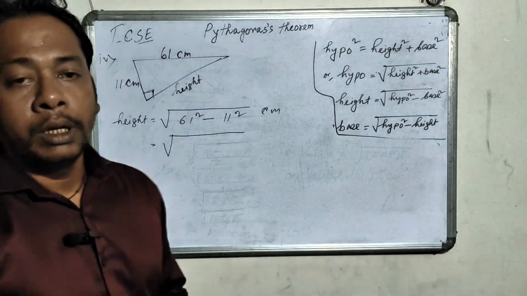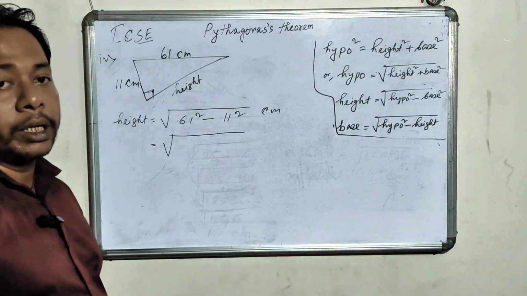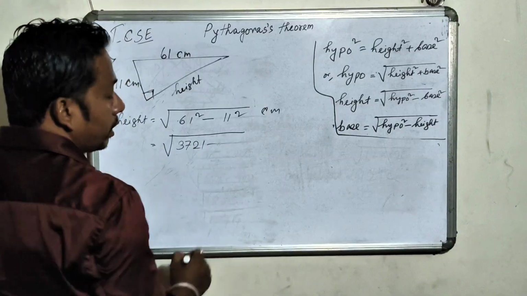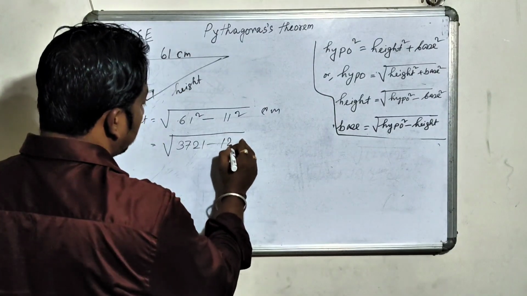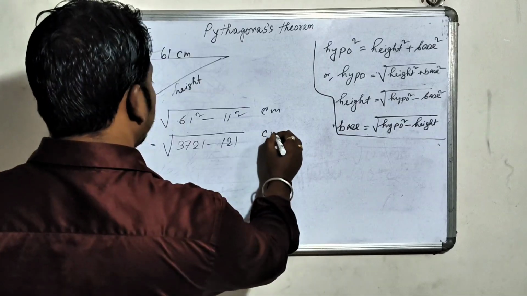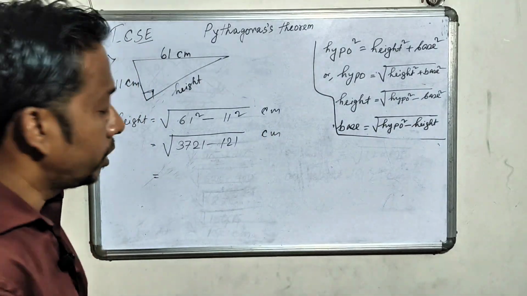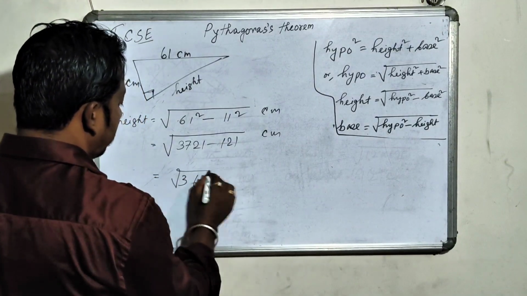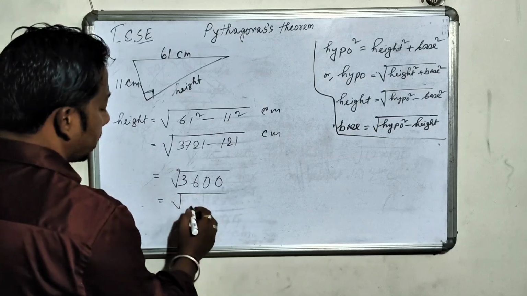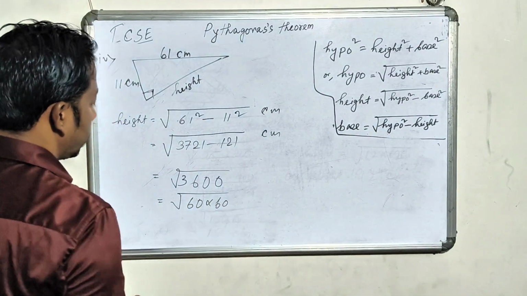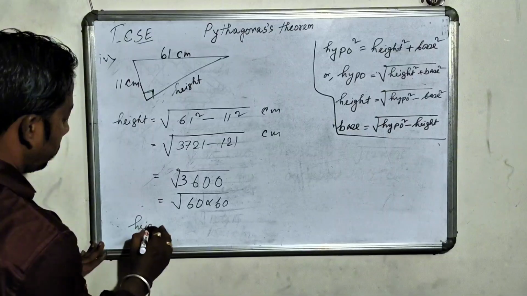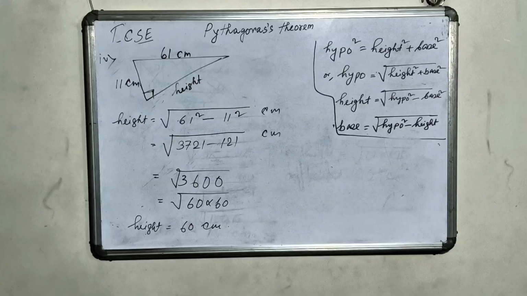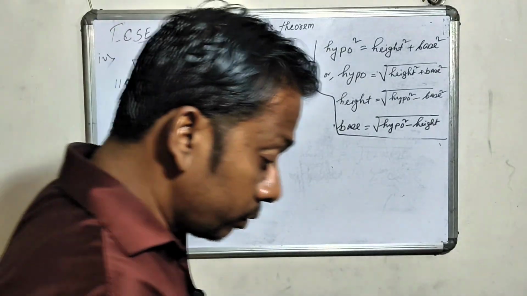Now simply find out 61 into 61, that is 3721. 3721 minus 121. Now subtracting it, we get 3600. That is 60 into 60. So therefore height should be 60 centimeter. Right? We finish question number 4.